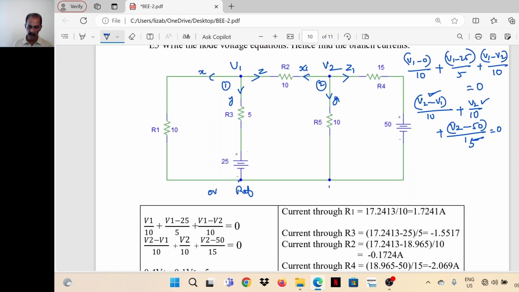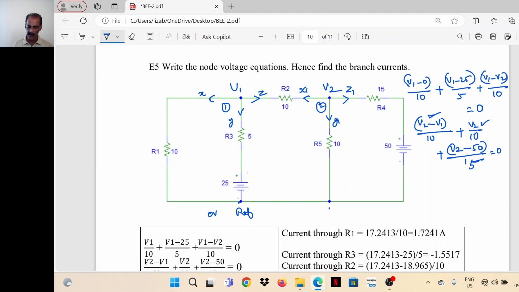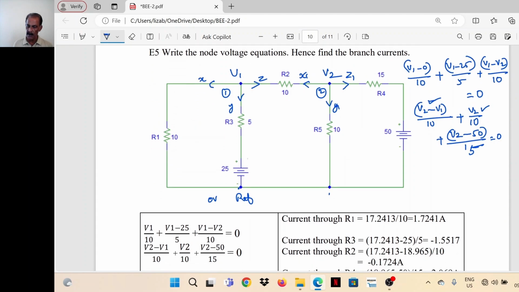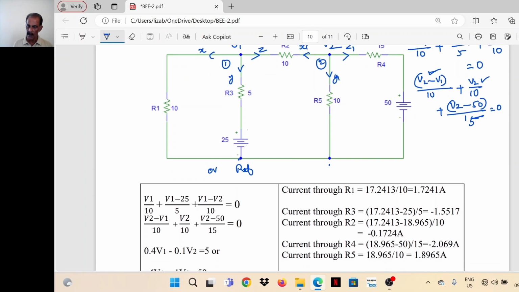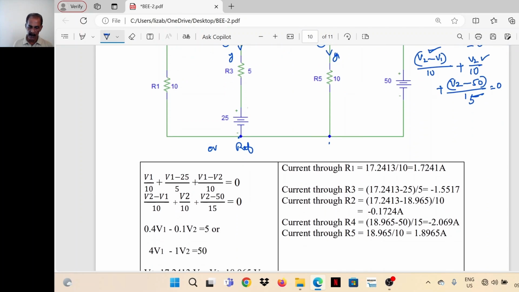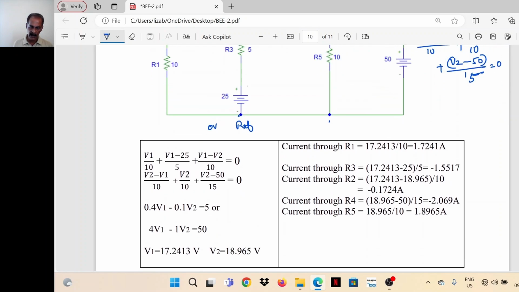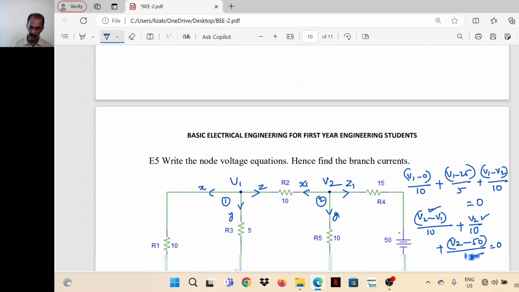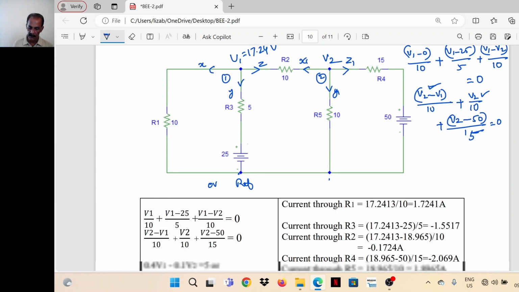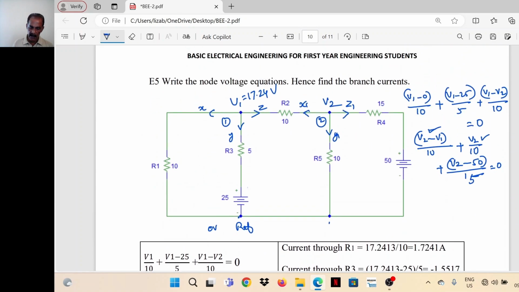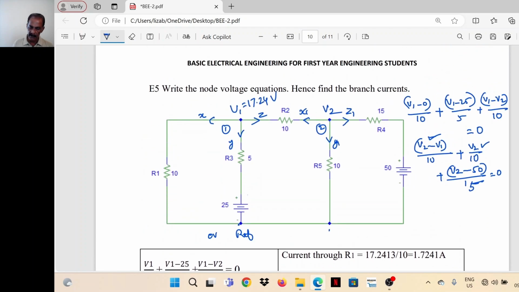You can solve these equations, and the answer is V1 is 17.24 volts, and V2 is 18.965.